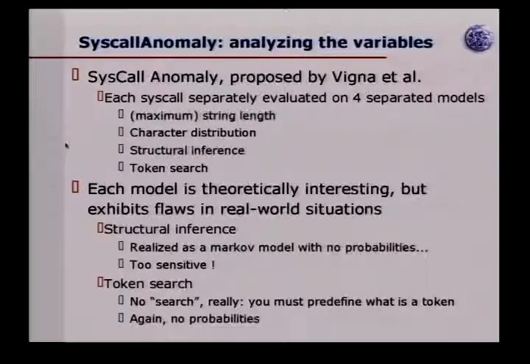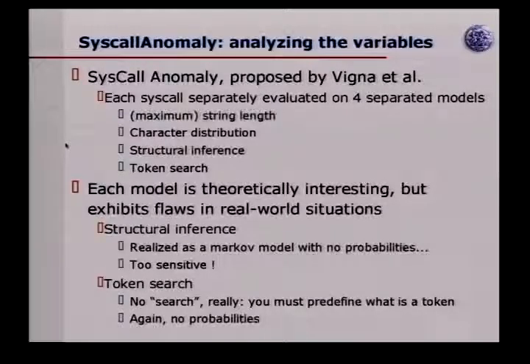Since they did not take into account the 0 probability problem, if a character appears in your parameter that has never been there before, this is sufficient to make this particular model scream there's an anomaly.